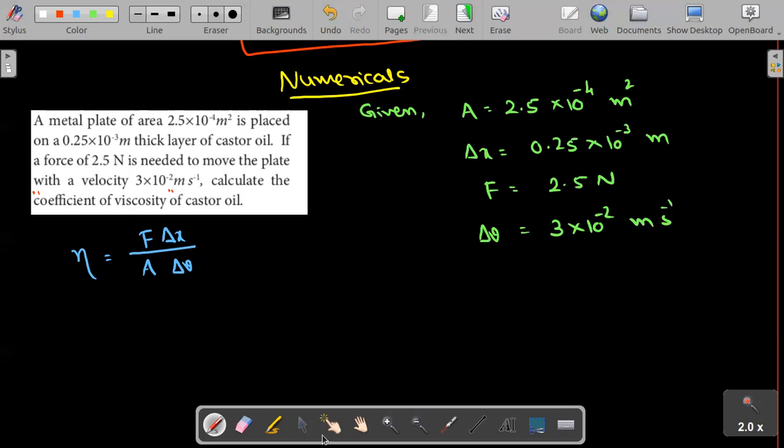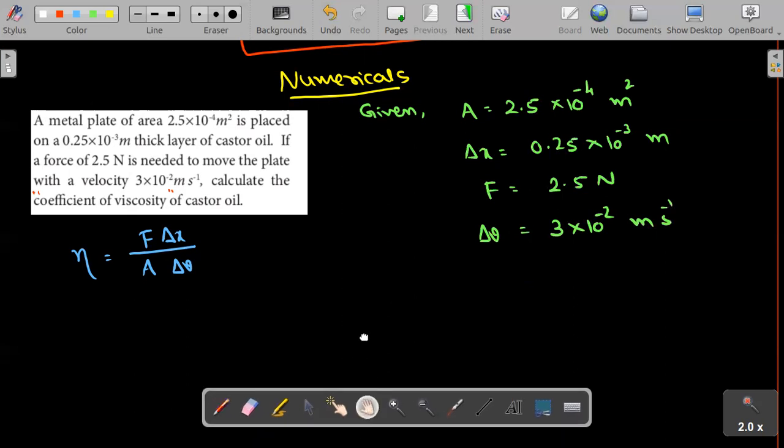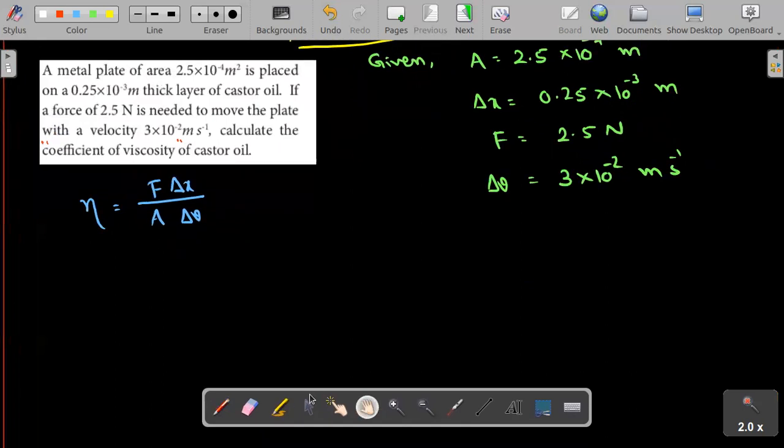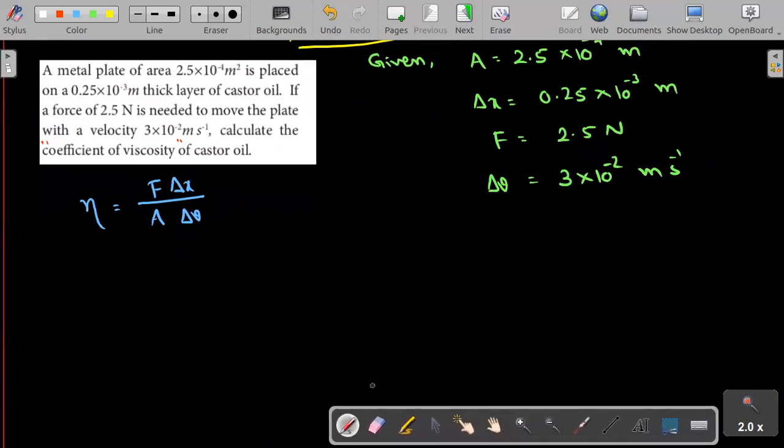Now we need to substitute this. Just basic substitution, right? Please pay attention during your calculations. You are committing many mistakes there. So force 2.5 Newton times the change in position, or the layer's thickness, 0.25 into 10 power minus 3, right?